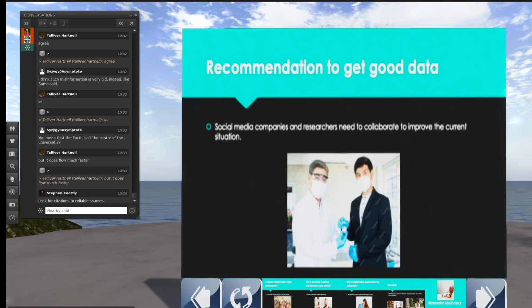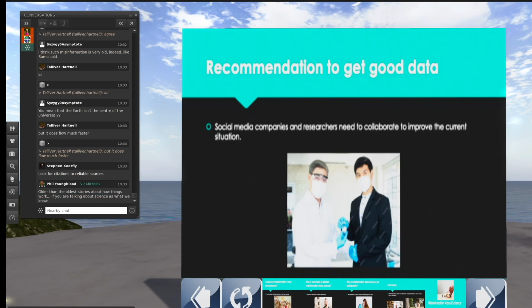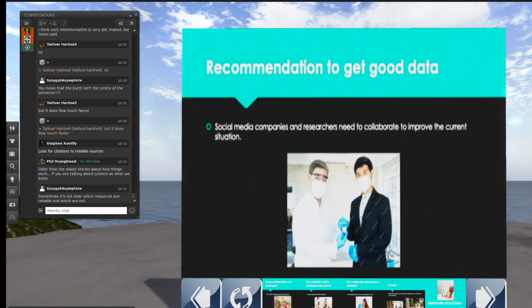Stephen says, look for citations to reliable sources. Phil says, older than the oldest stories about how things work, if you're talking about science as what we know. Syzygy says, sometimes it's not clear which resources are reliable and which are not. That's a problem.